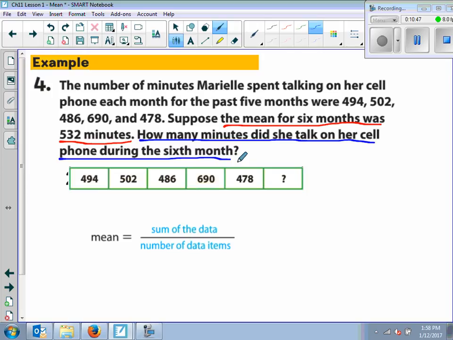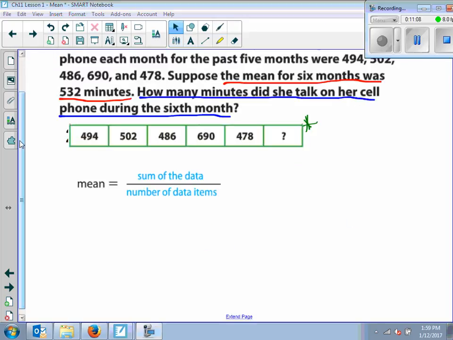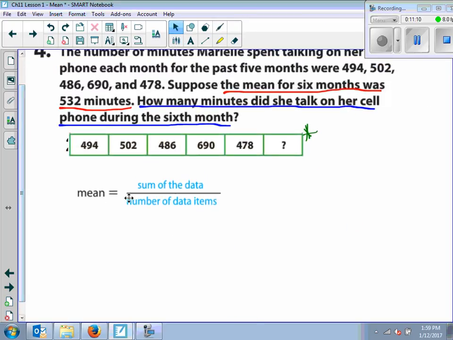So this time, they're giving us the average. We're trying to find out what one of the data points are. Is everybody clear with that? Okay, so also important to know, to write down in your spiral, are the number of minutes that she spoke on the phone each month. Now we're going to fill in that important information.